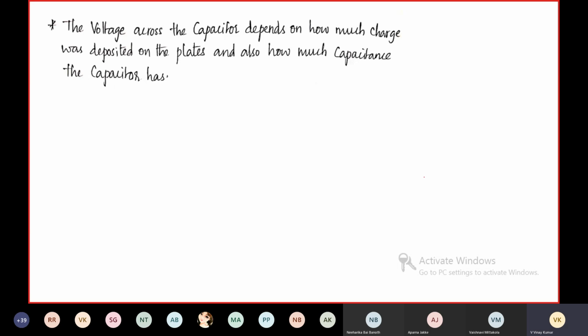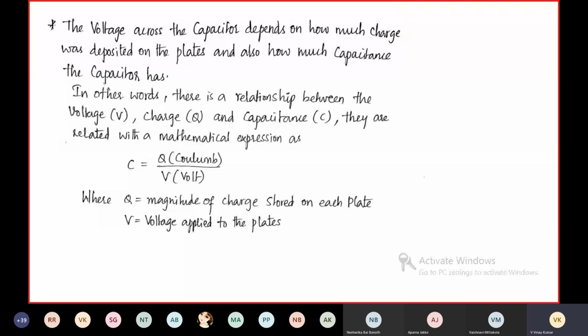The voltage across the capacitor depends on how much charge was deposited on the plates and also how much capacitance the capacitor has. So we have the formula C is equal to Q by V, or otherwise Q is equal to CV.